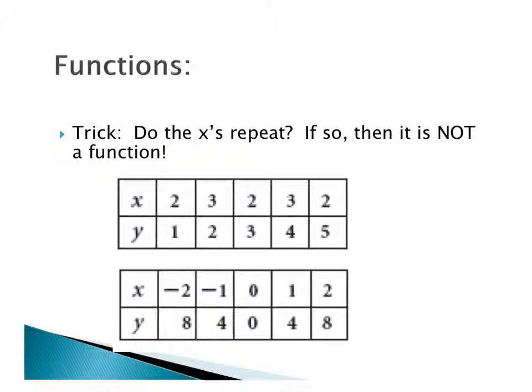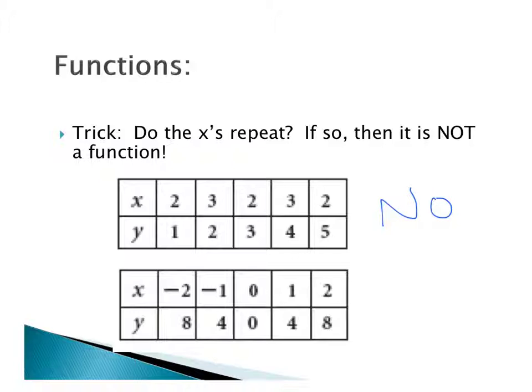If they repeat, then you don't have exactly one value paired with the other. In this case, 2 is paired with 1, 2 is paired with 3, and 2 is paired with 5. So the x's repeat, 2, 2, 2, and also the 3's repeat. So this is not a function. Doesn't matter if it only repeats once, as long as you have one repeating x, it's not a function.